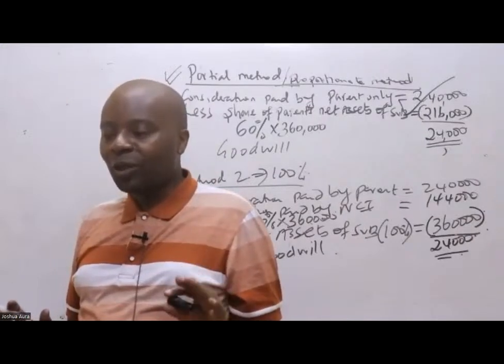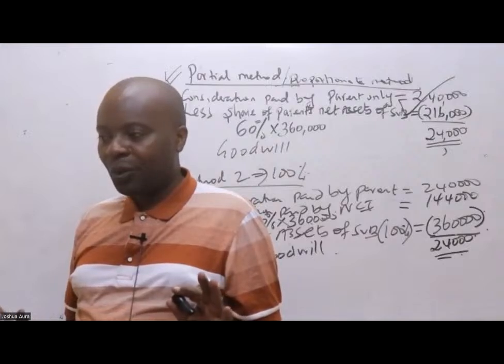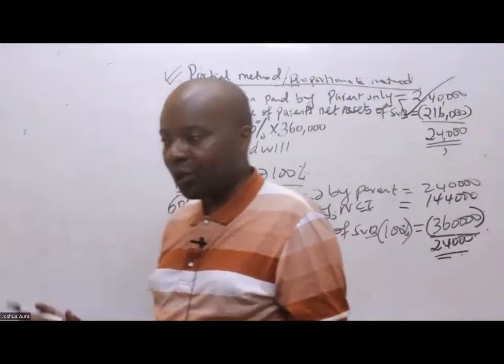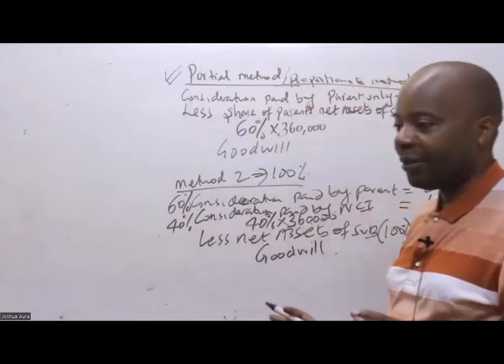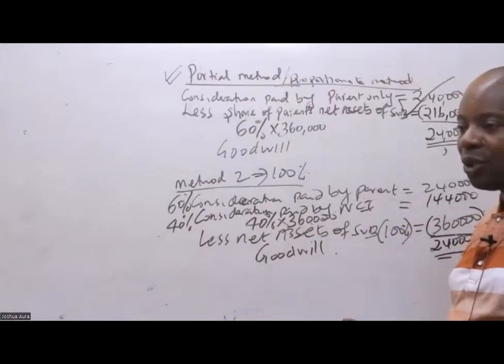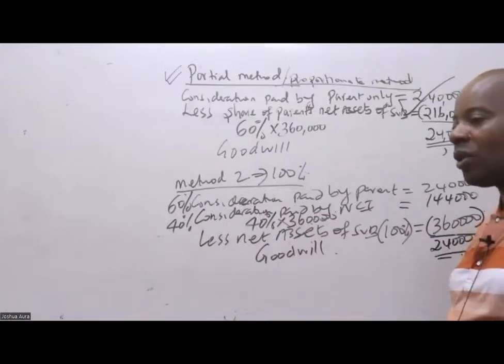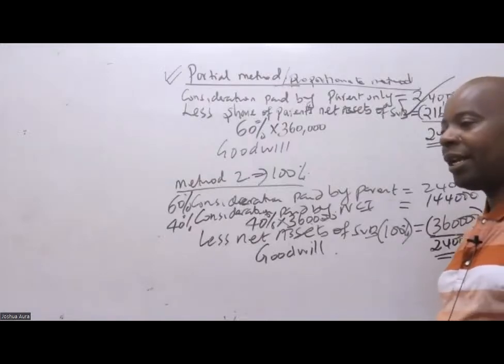Which method do you think we should settle with? Should we go for number two or number one? For partial, number one is easier. You don't have to reason at all. Number one is always easier.